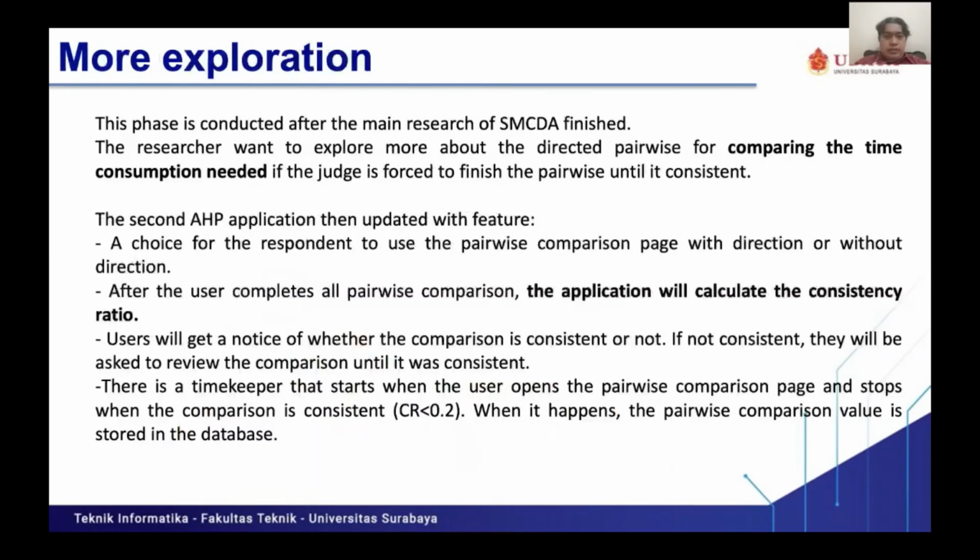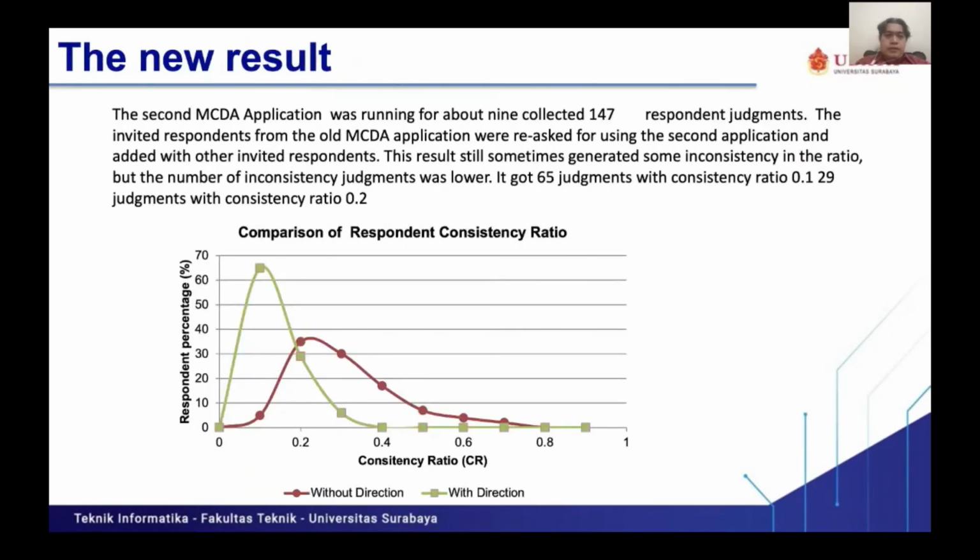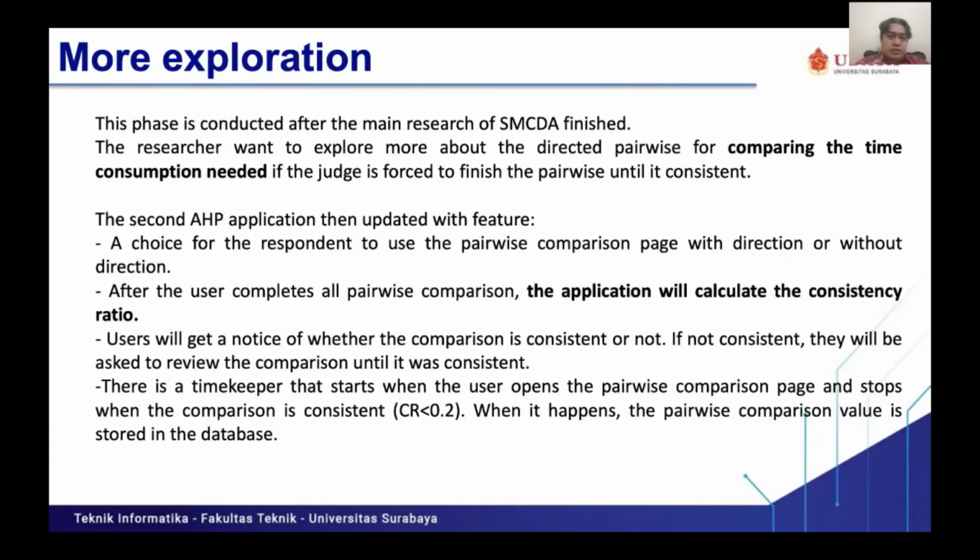Okay, more exploration. So this collected judgment was already used for the SMCDA research, and more exploration is conducted after the research of SMCDA finished. The researcher wants to explore more about the directed pairwise for comparing the time consumption if the judge is forced to finish the pairwise until it is consistent.